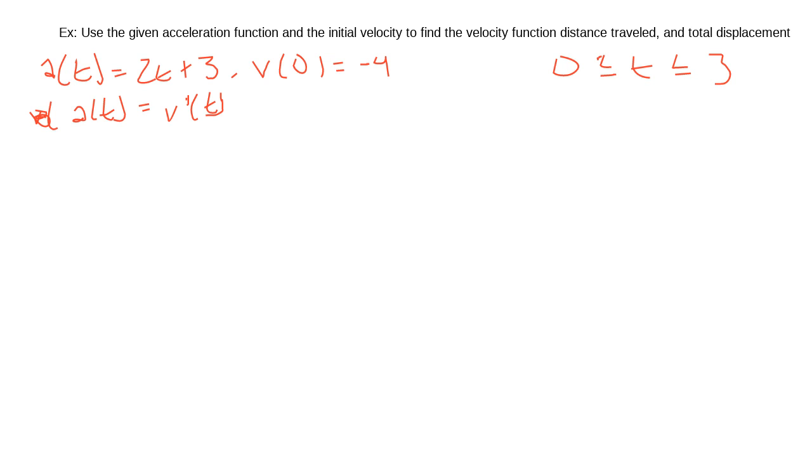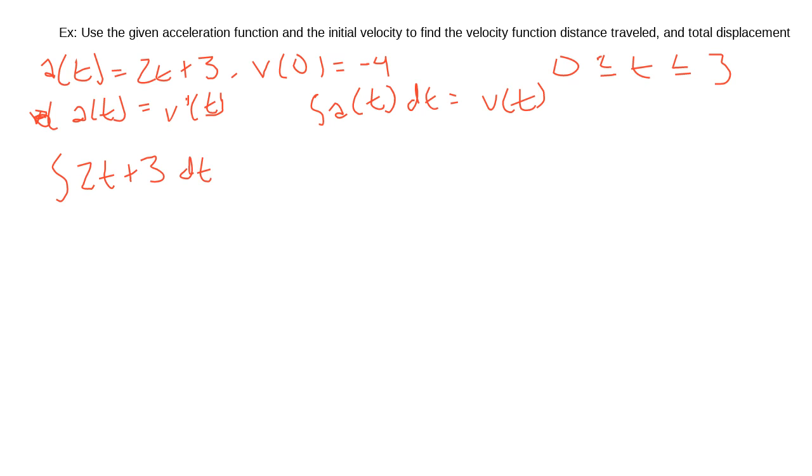So that means if we integrate a of t, then that's going to get us our velocity function. So our first step is going to be to integrate a of t. So if we integrate 2t plus 3, we don't really need to worry about bounds for right now until we get to displacement and distance.